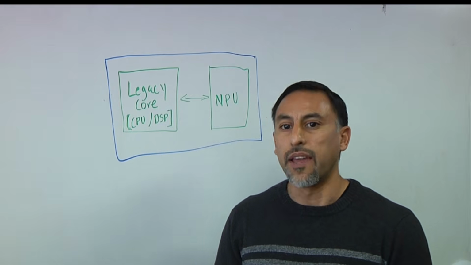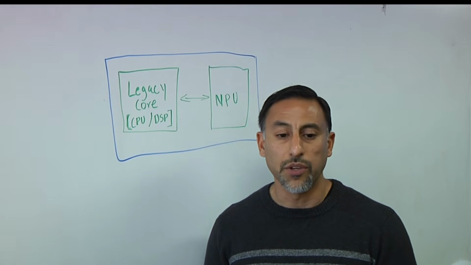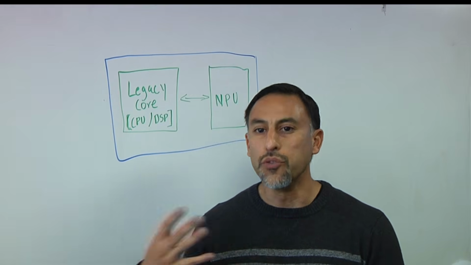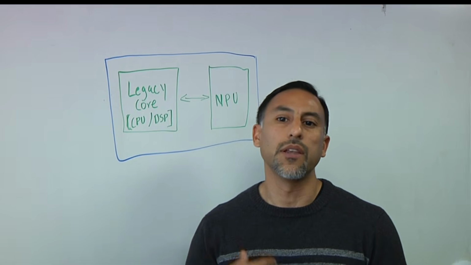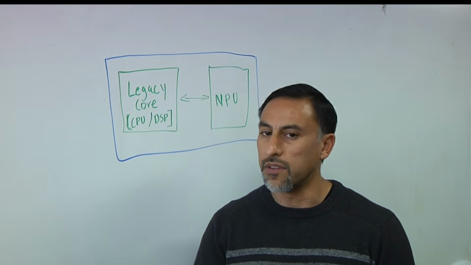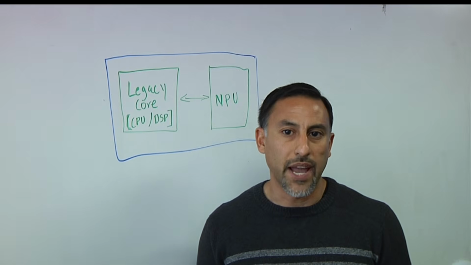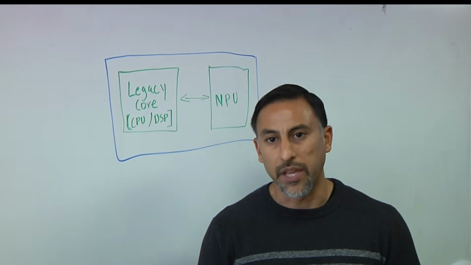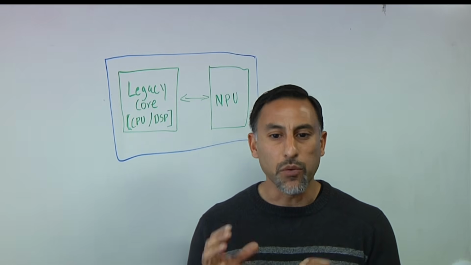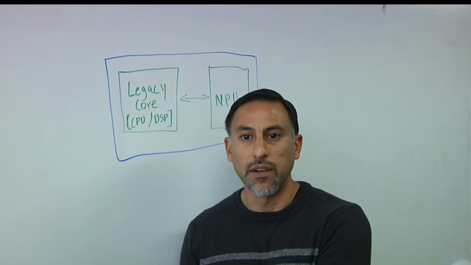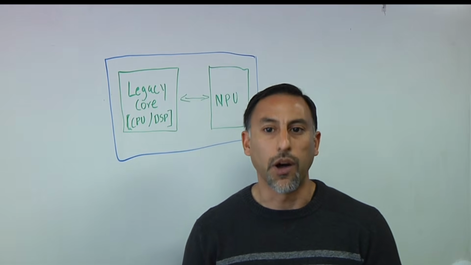That is a fundamental decision so that you can react quickly to new changes in software and AI models. We see those changes daily, weekly, and our customers have to be able to react quickly. You can't be waiting for the next version of silicon to run a new model.